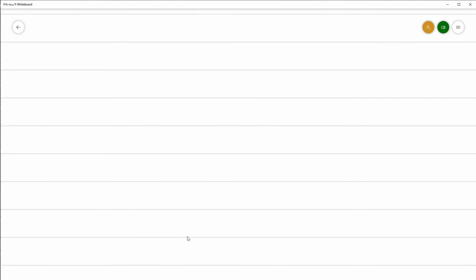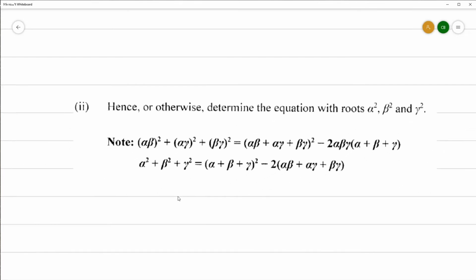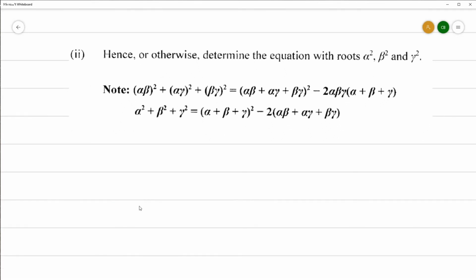So in this case, if I would say the cubic polynomial will be written as ax cubed plus bx squared plus cx plus d, we know that b is equal to minus a.